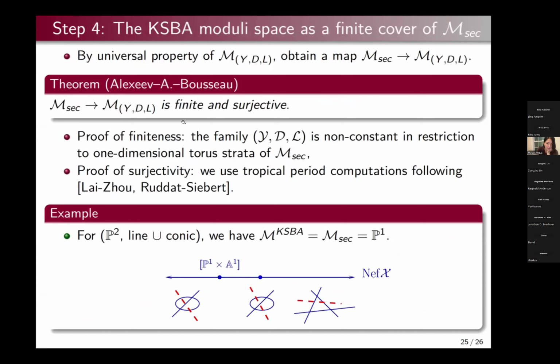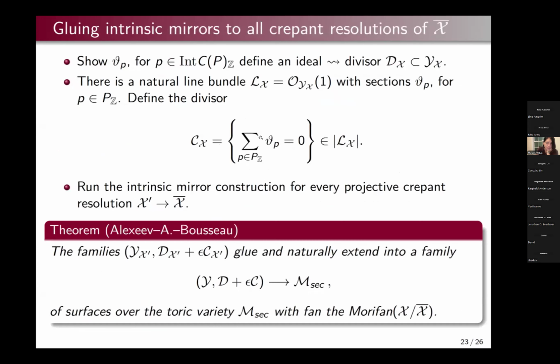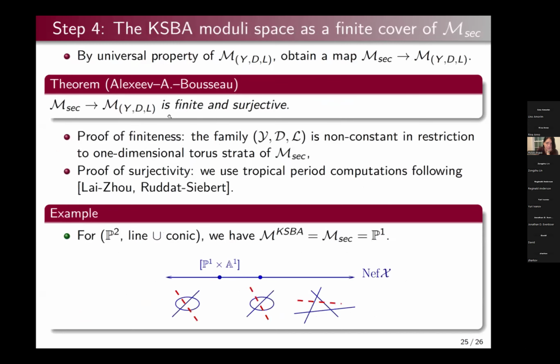And finally, we prove that this MSEC, which parametrizes, as we showed, K-space stable surfaces. Once we know it parametrizes surfaces which are K-space stable, by the universal property of the K-space moduli space, we obtain a natural map from this MSEC to MYDL.